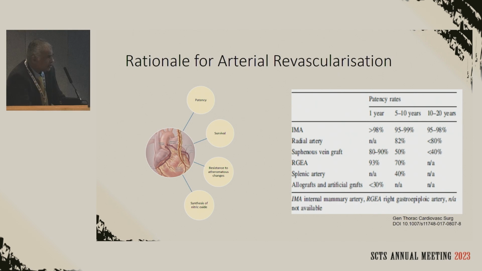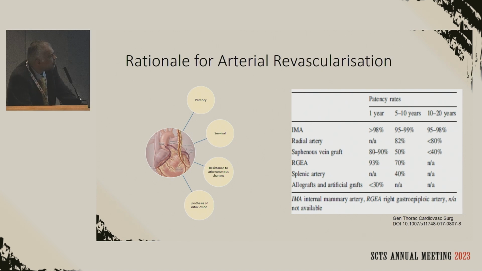And this essentially is the rationale for arterial revascularization. You use more grafts which are arterial, you're going to have long-term patency, you're going to have improved survival, and there is this view that arterial grafts are resistant to atheromatous changes, and they also cause synthesis of nitric oxide, which prevents atheromatous changes in the vessel beyond the site where they've been grafted.